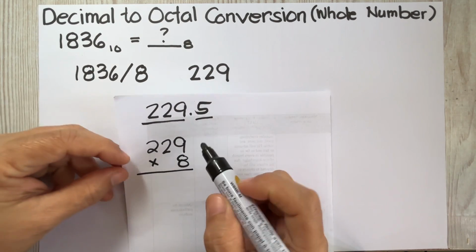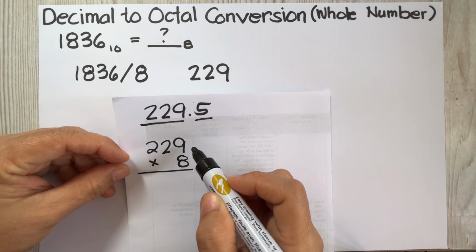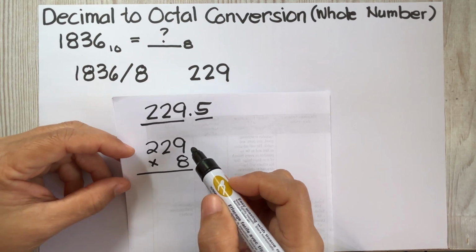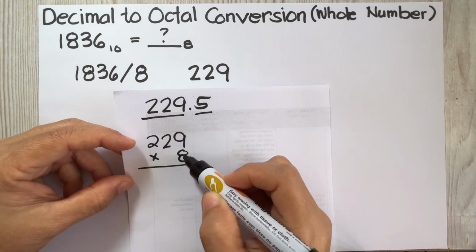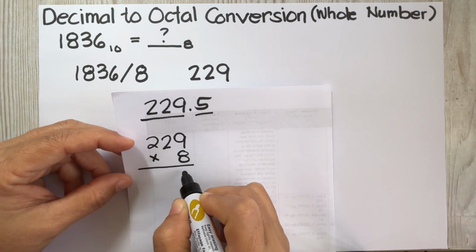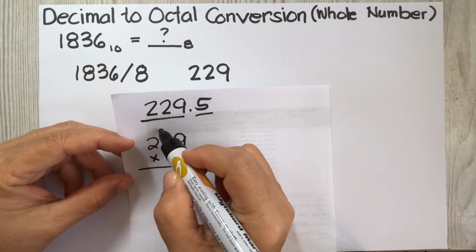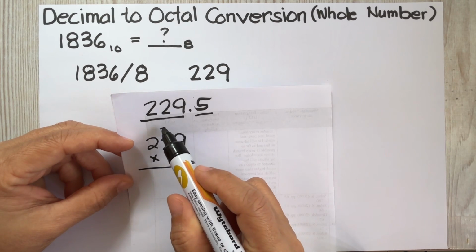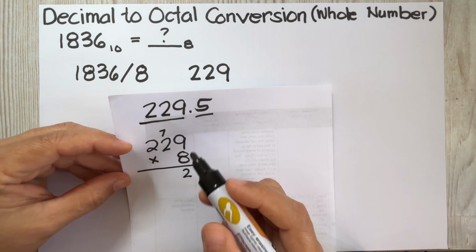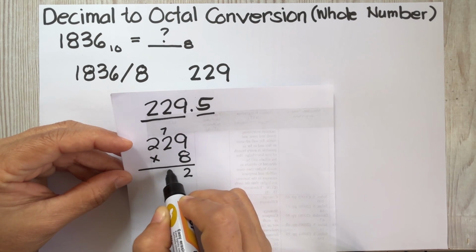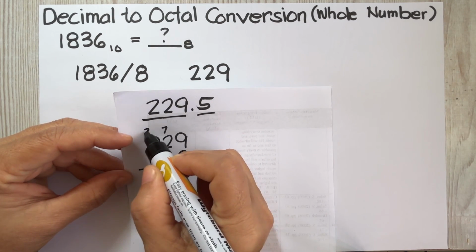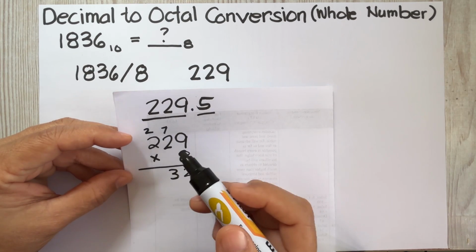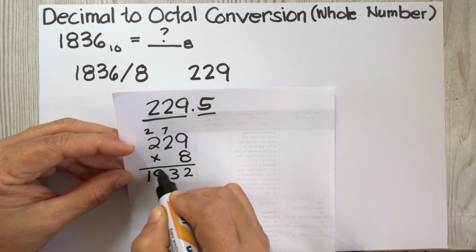We'll do this one manually so you'll be refreshed with how it's done. 9 times 8 is 72, so bring down 2, carry 7. 8 times 2 is 16 plus 7, it's 23, so bring down 3, carry 2. Now 8 times 2 is 16, plus 2, that is 18.